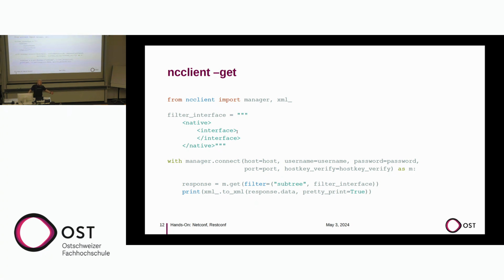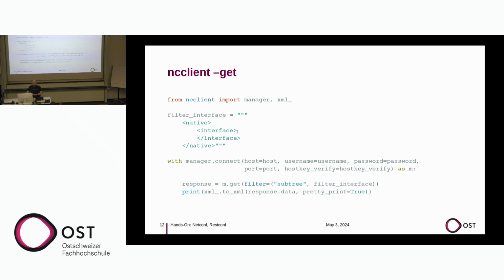Because depending on the device, if it's in production, the running config can get huge, especially if you have a lot of access control lists or BGP policies or prefix lists, everything. So here we can already filter and just tell the device, hey, give me everything from native interfaces, and that's enough.